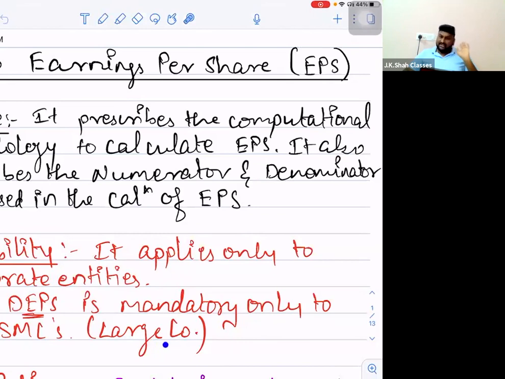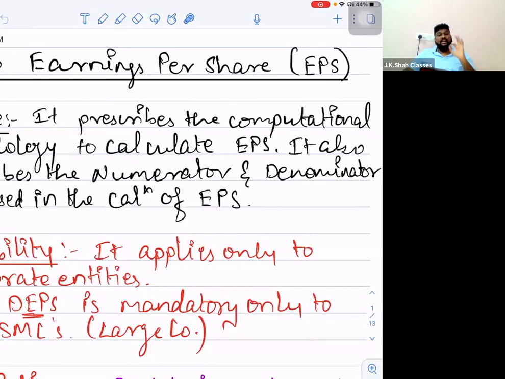Non-SMCs means only large companies. Small and medium companies need not calculate diluted EPS. It is not compulsory for them. Right? It is voluntary. If they want, they can do it, but it is not compulsory. But basic EPS is compulsory for every company.